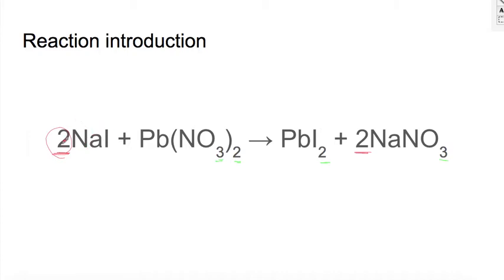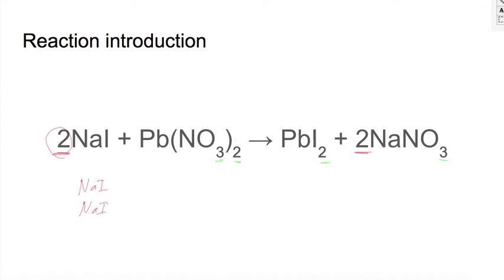Another way to do this, instead of putting 2 NaI, would be to say that I had an NaI chemical compound and another one. This is shorthand to say that I have 2 of those. The subscripts tell me how many of that specific element there are. So in this case, I have 3 oxygens and 1 nitrogen in this nitrate molecule.